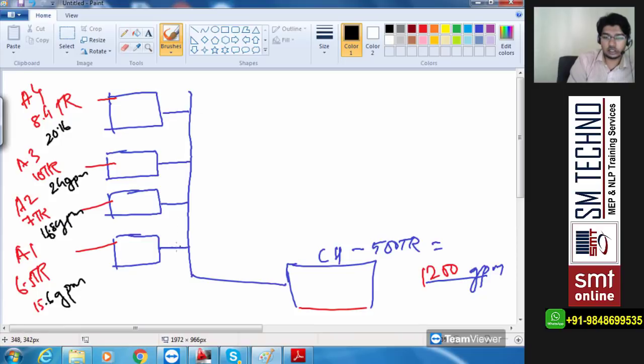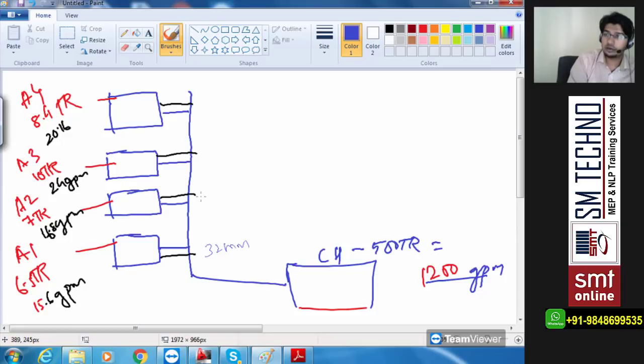Now individually tell from the table the pipe sizes for each AHU. I've shown just one connection, but it is indirectly two connections, supply and return both. For 15.6 GPM, the size is 32 mm.